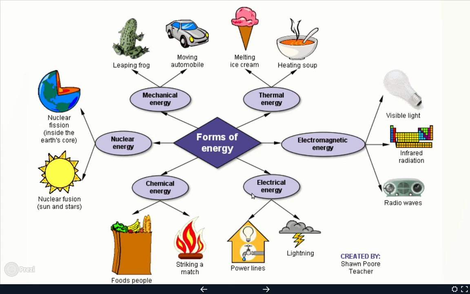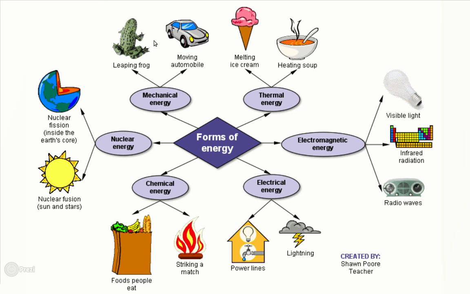Now, some, like wind energy, you'll notice is not listed here. Some textbooks list it and some don't. So here we go, just to help you see: the leaping frog has movement energy, and an automobile has movement energy. I could say holding a rock or standing on top of something and you're going to jump off, you would have potential energy because you would have the potential to fall down.